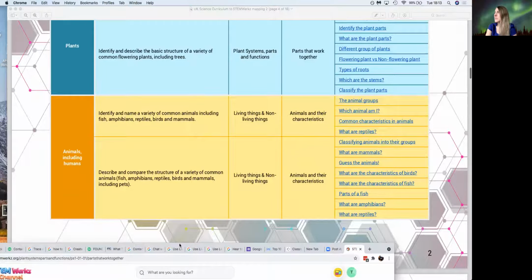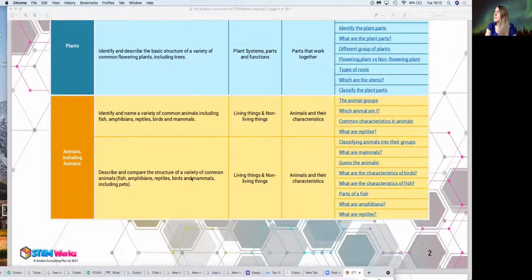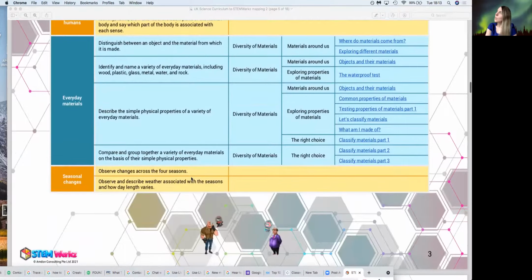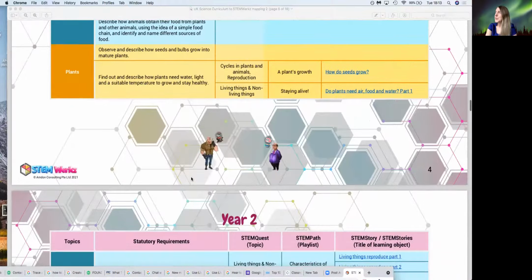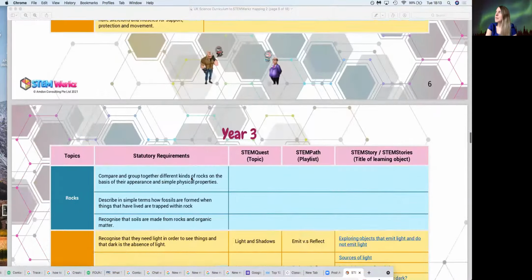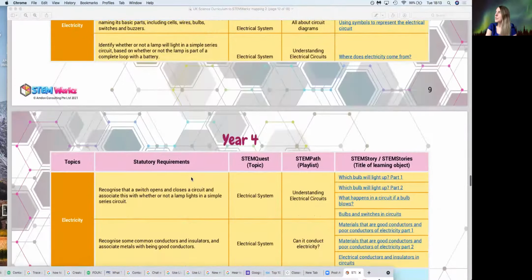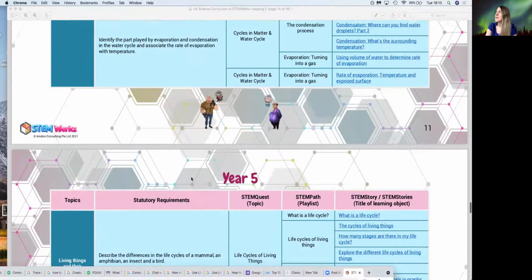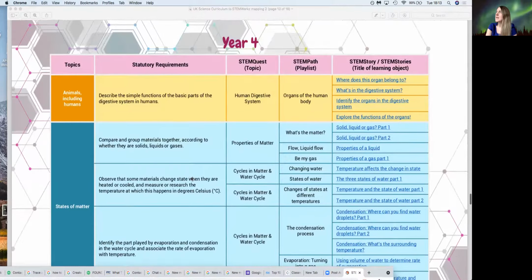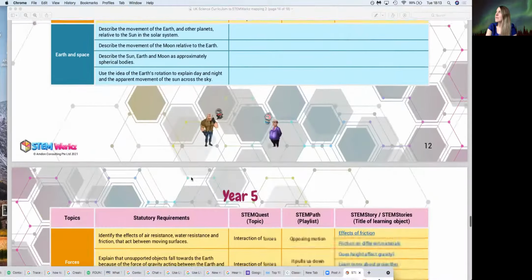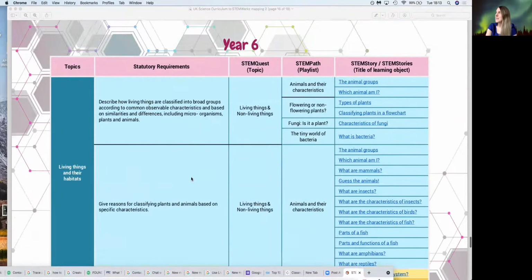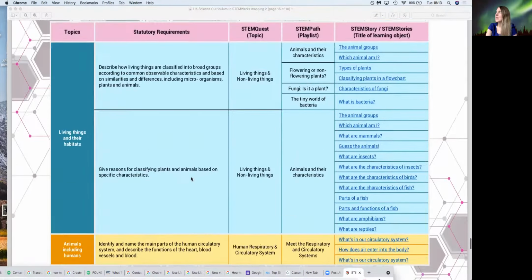And we've done it, if we just move this down here, for all of year 1, year 2, year 3, year 4, year 5, and year 6.